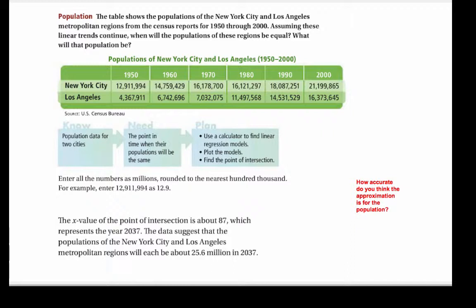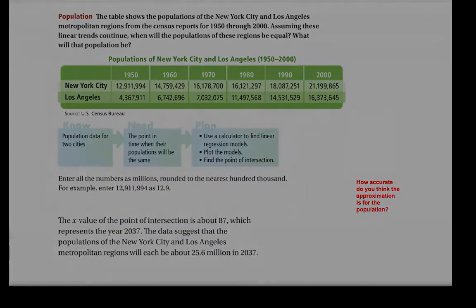But one thing when we start to study populations, and we hit on this a tiny bit in Algebra 1, but we'll hit on this a lot more in Algebra 2, is populations usually do not grow in a linear fashion. They grow in an exponential fashion. So we used a linear model here to come up with a model for the data, but as we're going to find out soon, we don't want to use linear models for population growth, so we want to use exponential models. So just a little preview of what's to come.